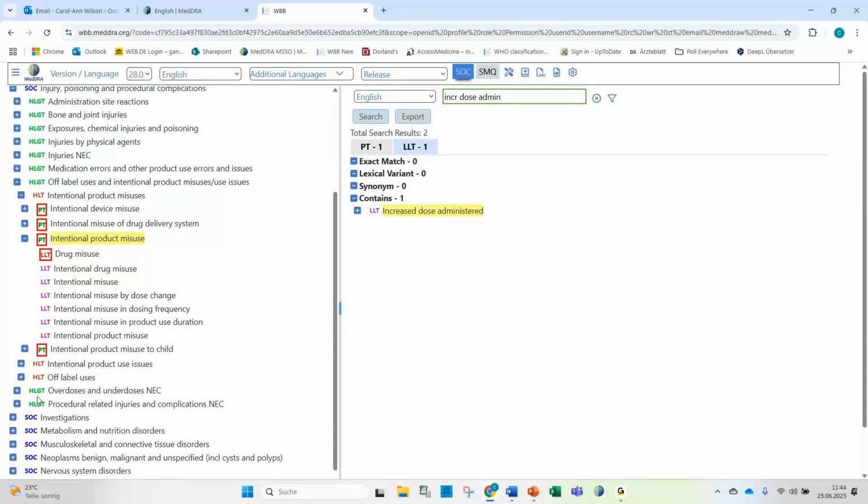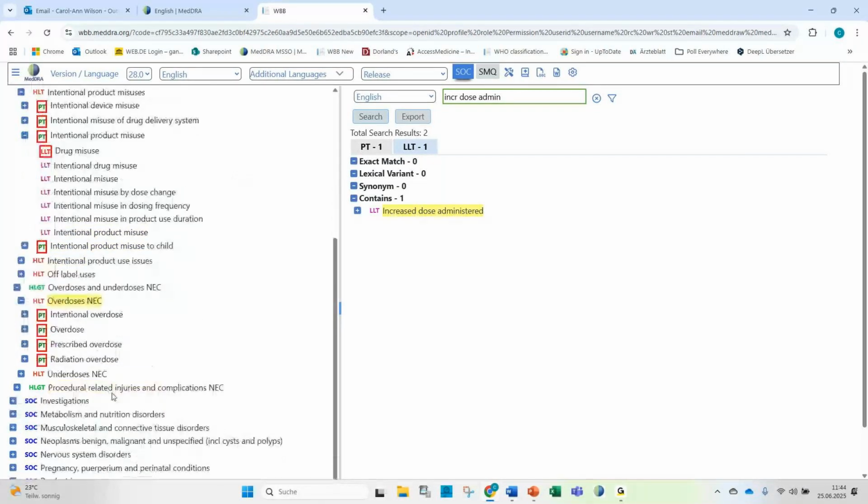So here we are. Intentional overdose. But our verbatim alone does not allow for classification as an intentional overdose. More information about the drug and the labeled dose range would be needed to do so. And all other options that were offered in the quiz were incorrect.